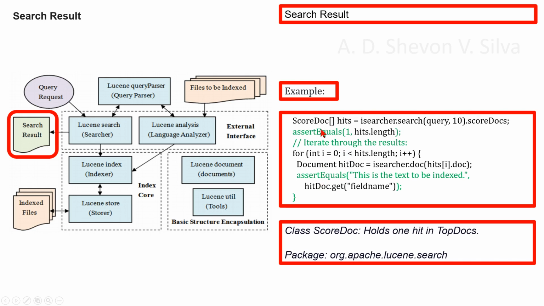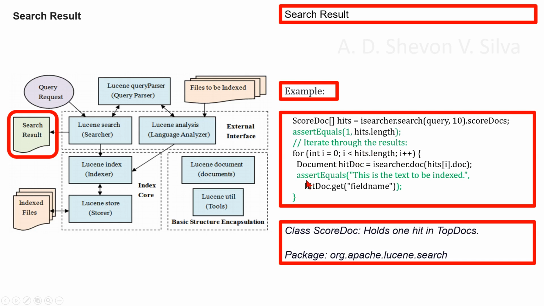in top docs. And here you can see this is assert equals 1 with the length, and iterate through the result here.